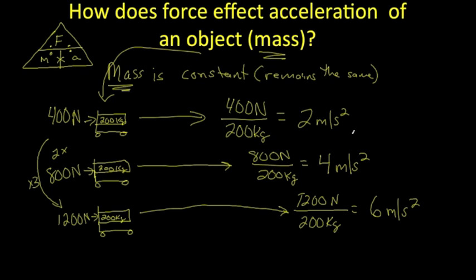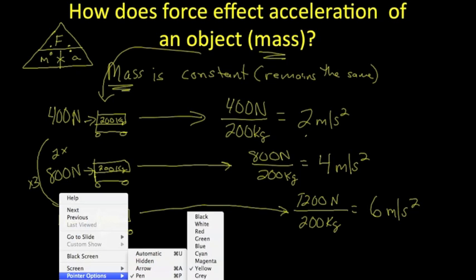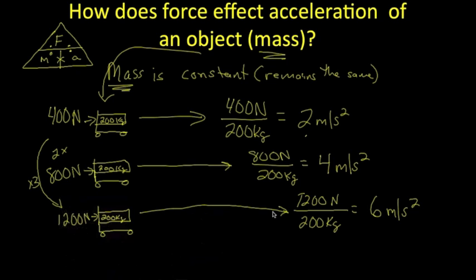So if you look at this, all right, the rate of acceleration is directly proportional to the force applied. So if you look here, okay, all right, as you double the force, you double the acceleration.